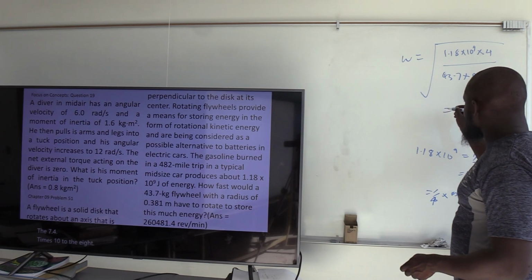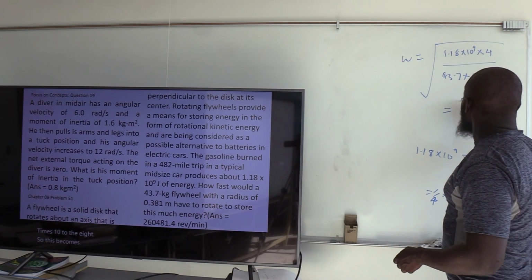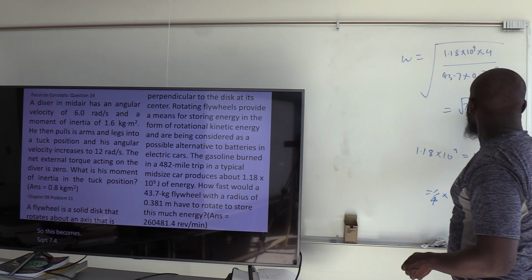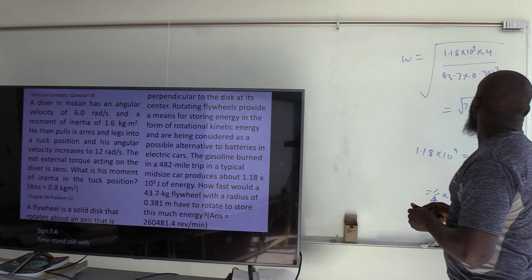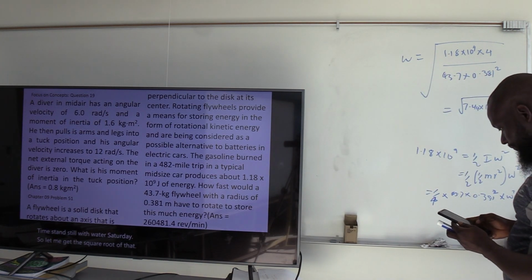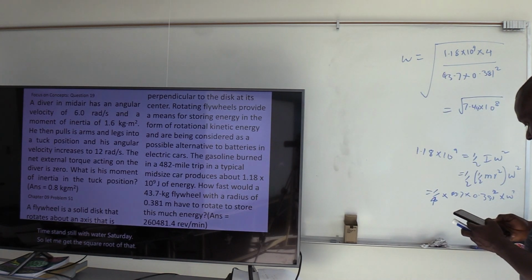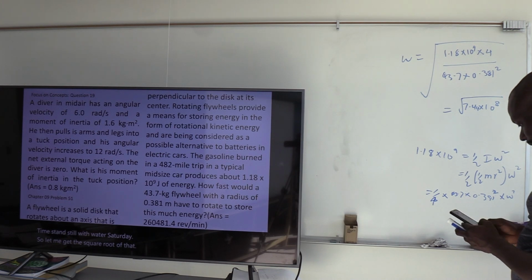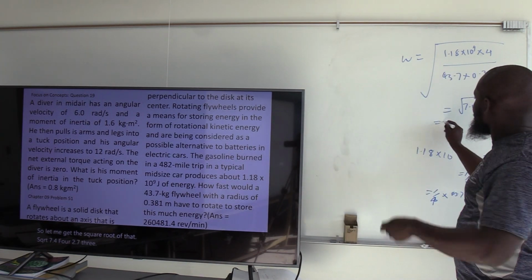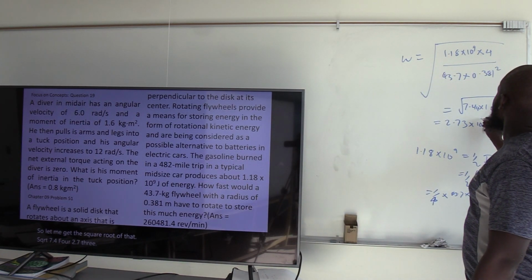So this becomes square root of 7.4 times 10 to the 8. So let me get the square root of that. Square root of 7.44, 2.73 times 10 to the 4. So this is in radians per second.